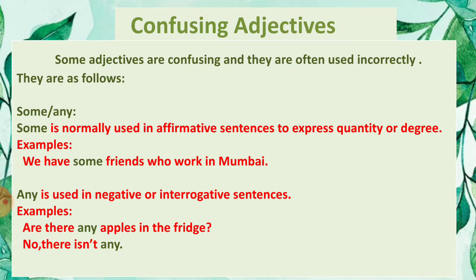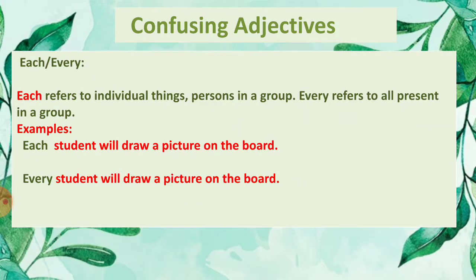So some is normally used in affirmative sentences to express quantity or degree, and any is used in negative or interrogative sentences. Okay? The next pair of adjectives is each, every. Each refers to individual things or persons in a group.